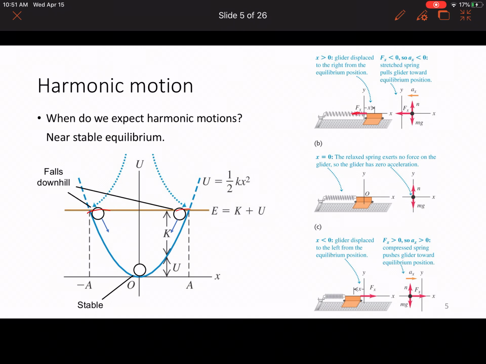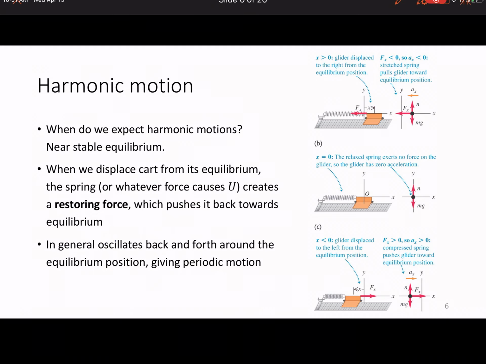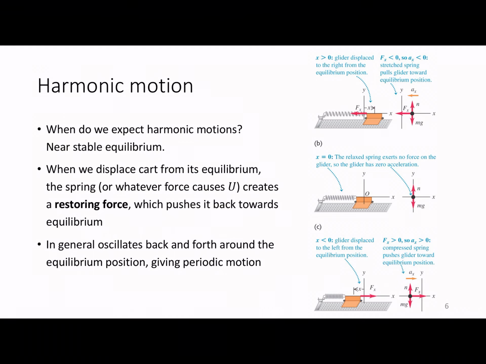So again, notice if I displace the mass a little to the right, the force pulls it back to equilibrium, pulls it to the left. If I displace the mass a little bit to the left, the force pulls it to the right. Again, it restores it to equilibrium. So this is the general property of harmonic motion. It happens near stable equilibrium, any stable equilibrium.